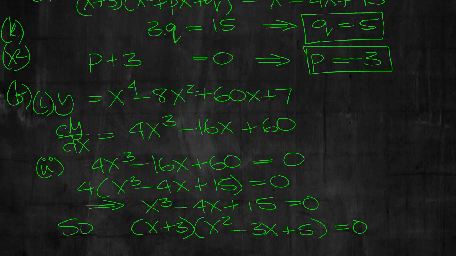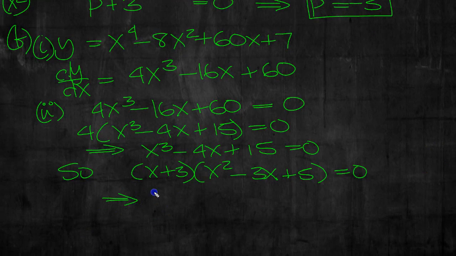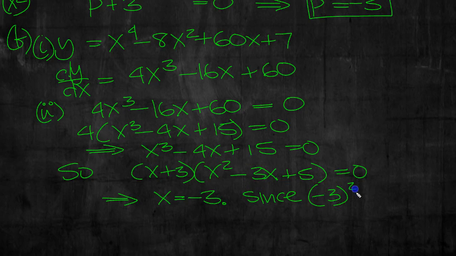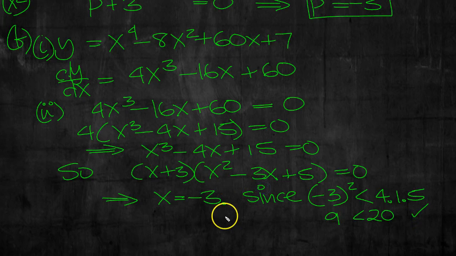So we can see that that implies x equals minus 3. Now this has no roots if b squared, which is minus 3 squared, is less than 4ac, 4 times 1 times 5. So is 9 less than 20? Yeah, okay. No other roots. So basically that's what we're saying there, no other roots.